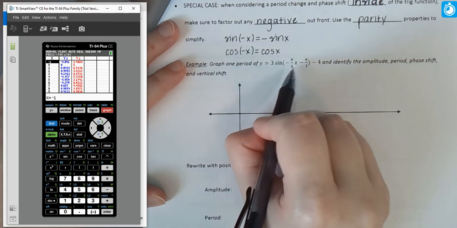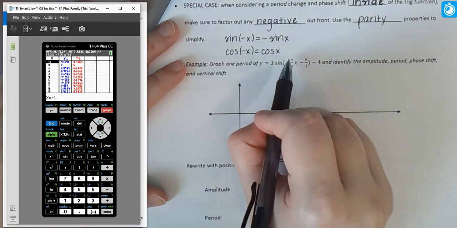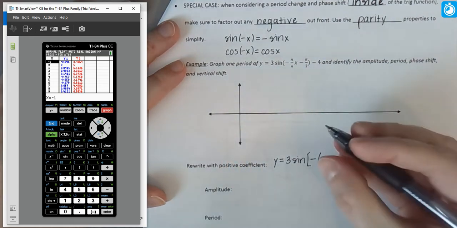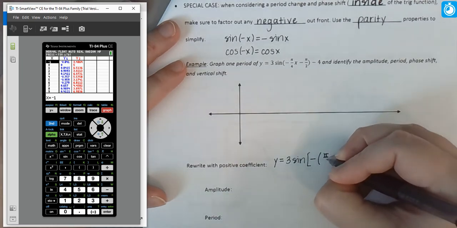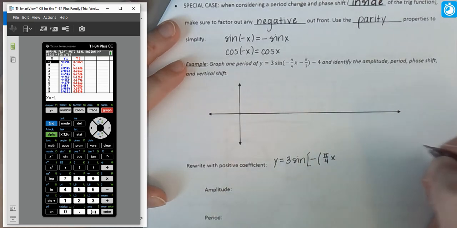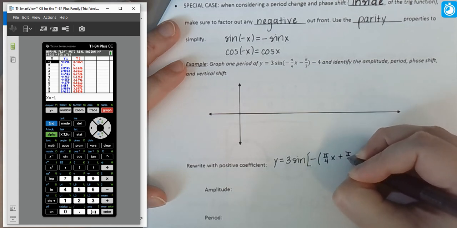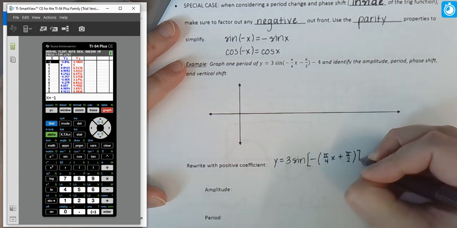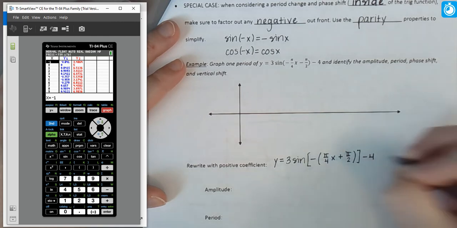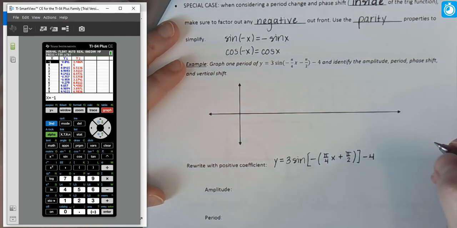Factoring out a negative from both terms makes them positive. So that'll become positive pi over 4 times x plus pi over 2. And then we still have our minus 4 out there.